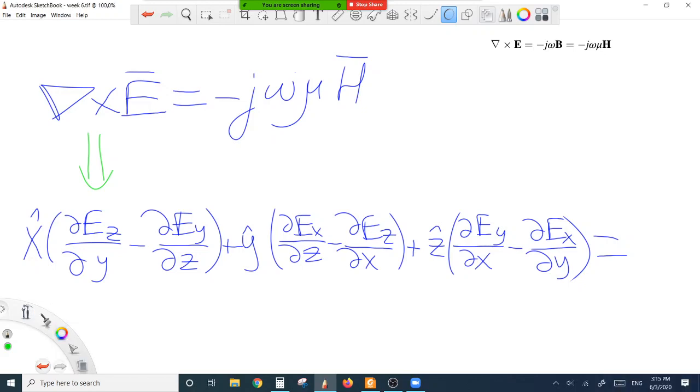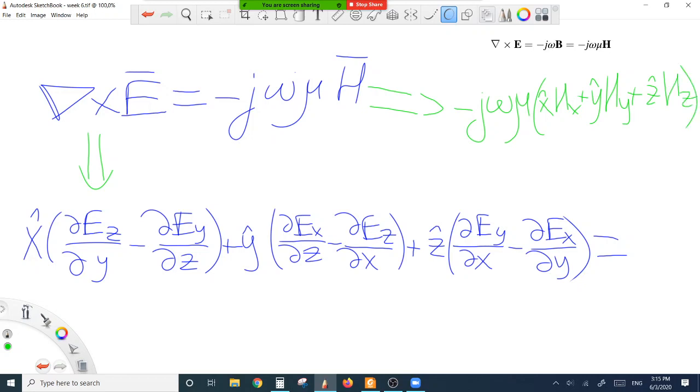So what is this expression? It is minus j omega mu times the sum of three components: x Hx plus y Hy plus z Hz.